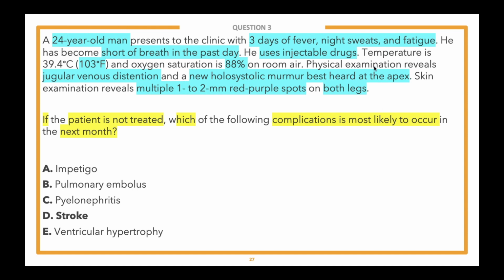Now, infective endocarditis can also cause some skin findings. We know splinter hemorrhages are one. There are Janeway lesions and Osler's nodes, which we'll talk about in a second, and then Roth spots as well. So those multiple spots on the legs are probably petechiae or even splinter hemorrhages if they're on the nails, okay? So what is a complication from this?